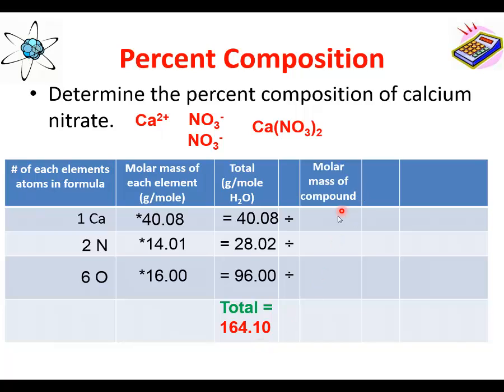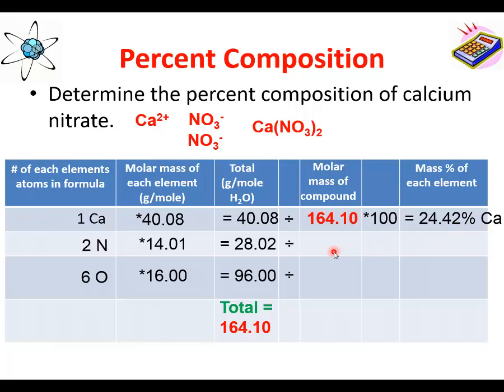Now, if I divide the gram total of every element by my molar mass of the compound, times 100, that would give me a mass percent. So I take 40.08 grams of calcium in this 1 mole sample divided by 164.10 grams for an entire mole of this compound times 100. That gives me a mass percent of 24.42% by mass calcium.